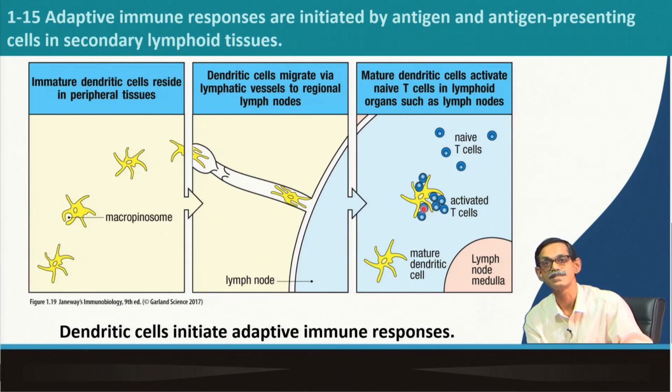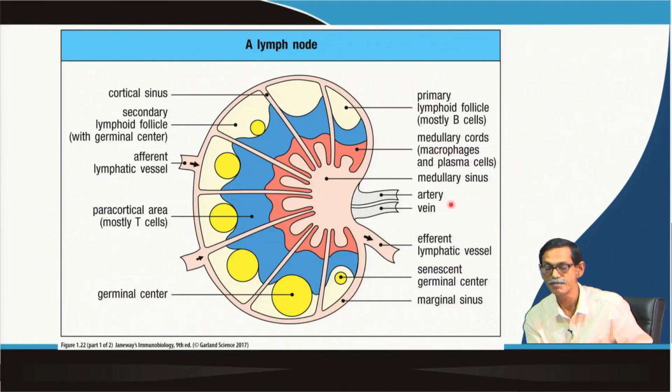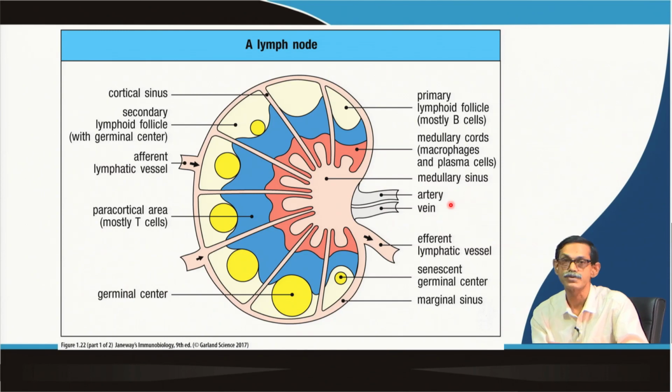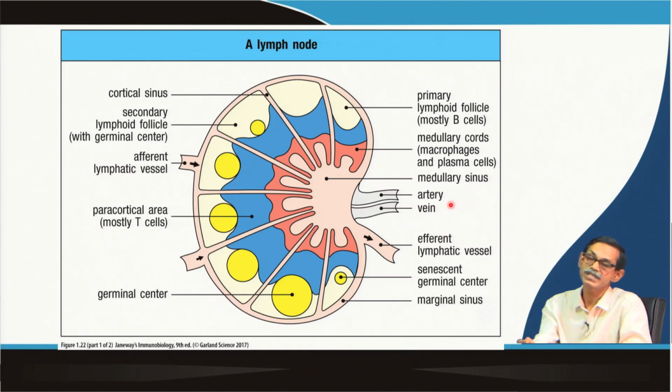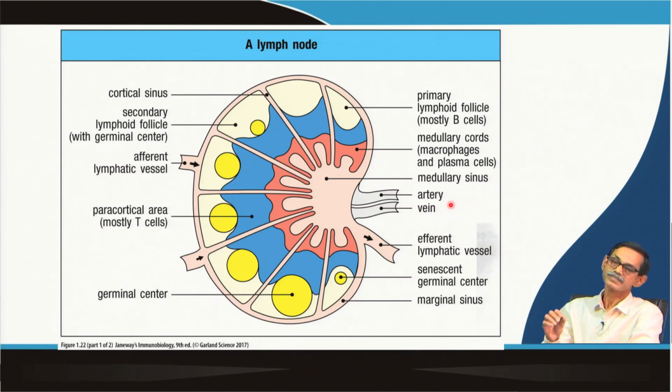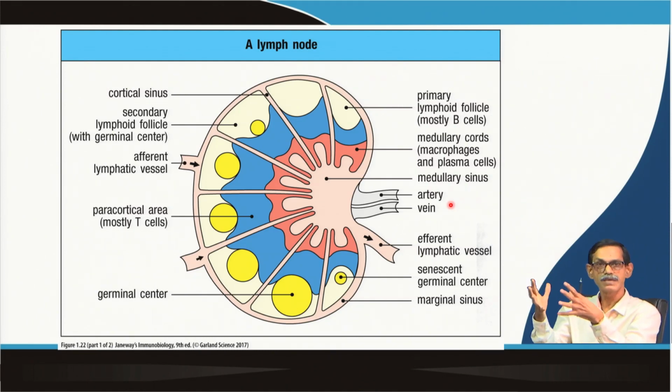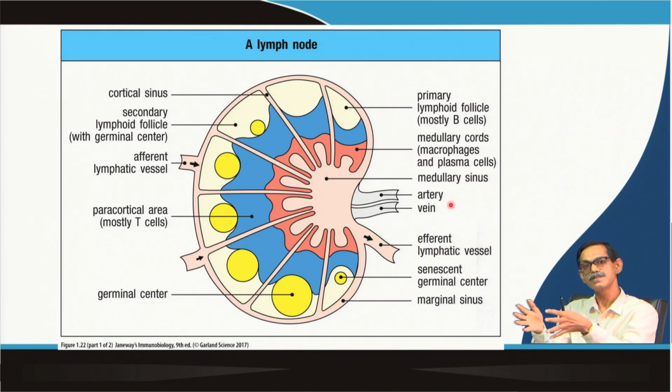Proliferate means they increase their number. Okay. These activated T cells then help the B cells to produce antibody, and the B cell also, after getting the signal, multiplies and is converted to plasma cells. Plasma cells produce antibody, which is secreted to the system, and the peripheral system takes it to the heart and then it is gradually distributed all over the body. So, wherever the infection is found, the antibody is going to do its own job.